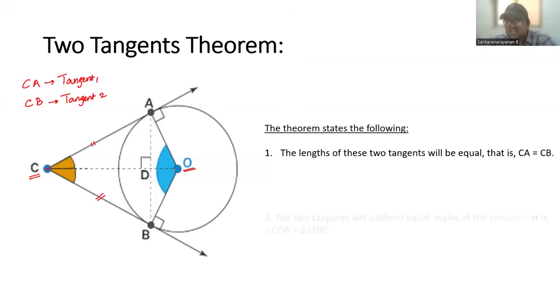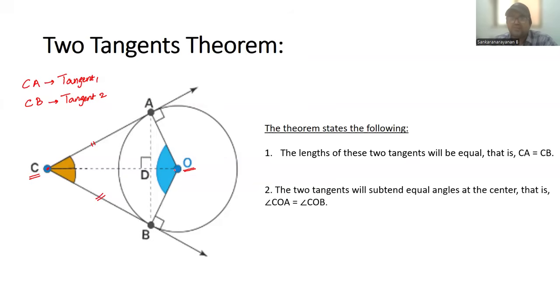Now, the next result that you should be aware of: the two tangents will subtend equal angles at the center. So we considered O as the center, right? We can see angle COA. Look at this angle COA.